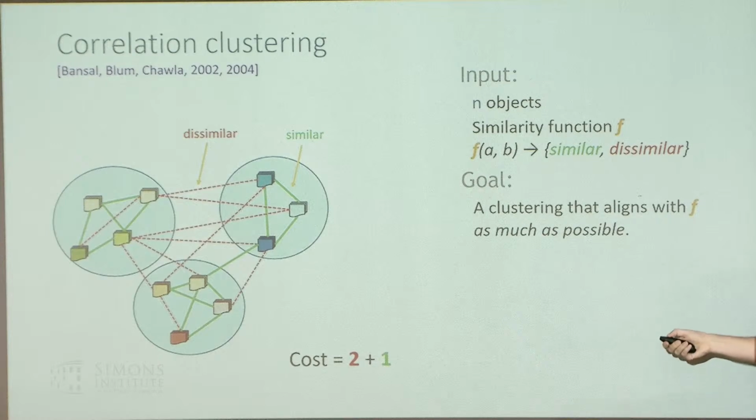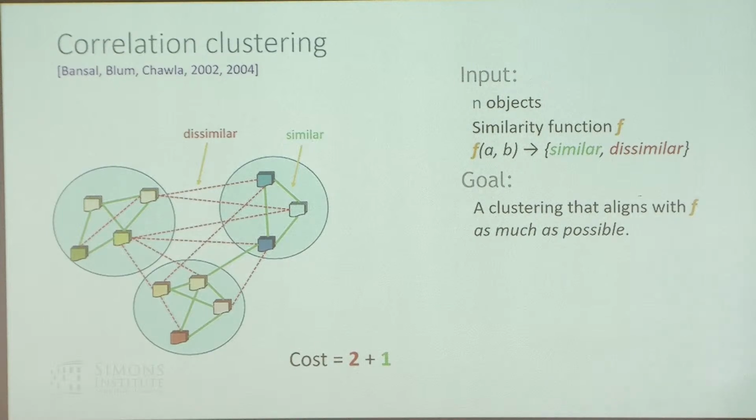For every dissimilarity edge like this one, which lies in the same cluster, we would pay 1. So in this case, we have this edge, and also this edge. So we're going to pay 2 for these dissimilarity edges.